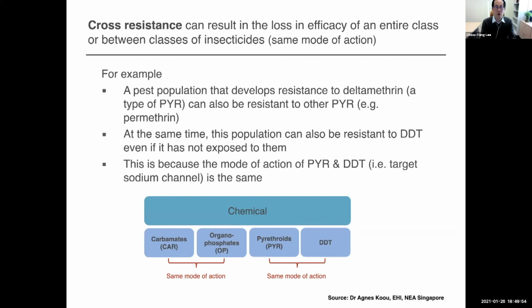But it may not always be the same, because this would only happen when you have target site resistance. In the case of metabolic resistance, for example resistance to Pyrethroid, when you start using Carbamate you may also find resistance to Carbamate, because cytochrome P450, for example, could also confer resistance to Carbamate.